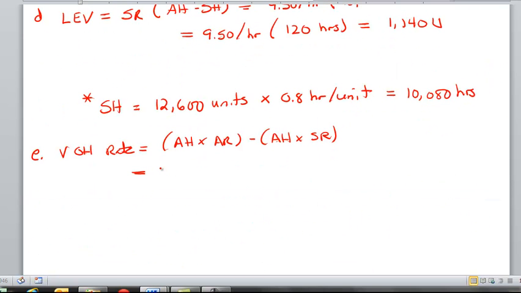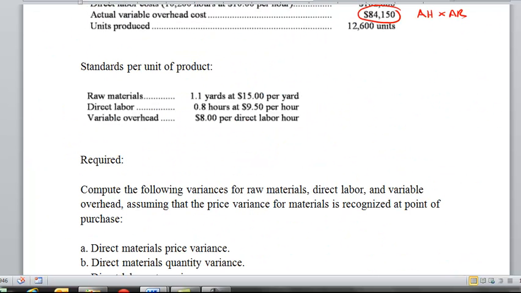So 84,150 minus actual hours, we know, is 10,200 hours. My standard rate, they told us, is $8 per hour. And I'm getting that right there, $8 per direct labor hour.